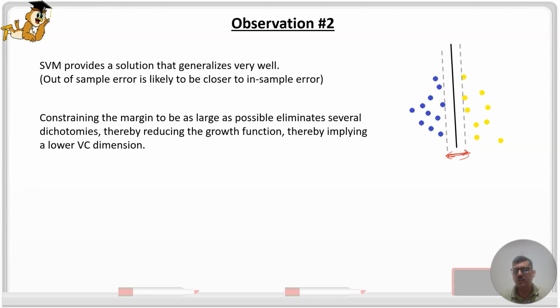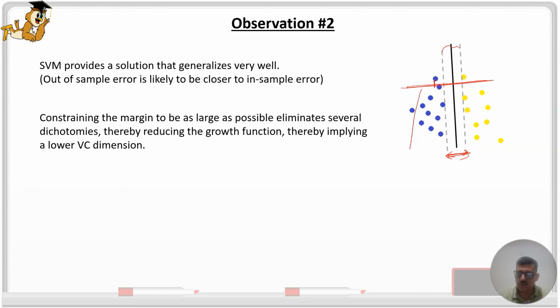For example, this may be a dichotomy that is supported otherwise, but the margin for this particular dichotomy is very small. So if I insist on the margin being greater than some quantity, some of the dichotomies would absolutely go away, because for those dichotomies, the points are simply too close to the separator.